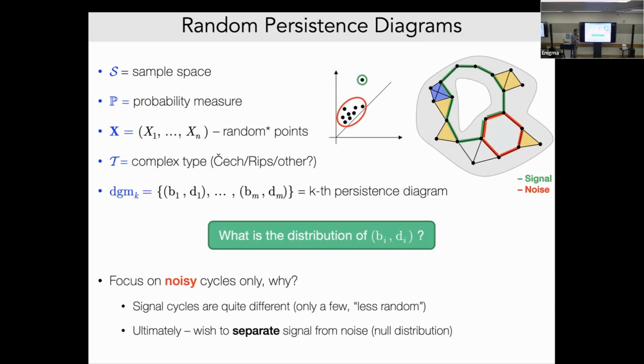So we separate the study, and the noise cycles are more random in some sense. And for the purpose of doing statistics, we want to say as much as we can about the distribution of the noise, which will allow us later to do hypothesis testing, for example, and have some null distribution for the noise that will allow us to distinguish that from the signal. So the analysis that I'm going to talk about today only refers to the noisy part of the diagram.